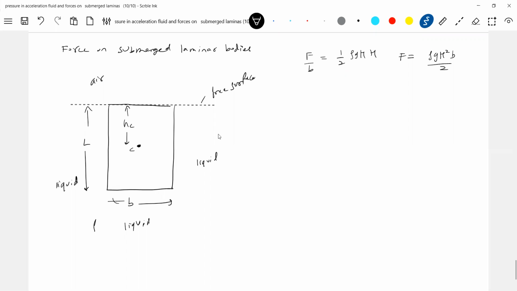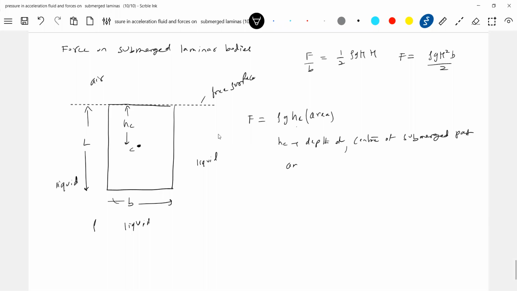So the total force we calculated should be equal to rho g HC into area. What is HC? The depth of the center of the submerged part.